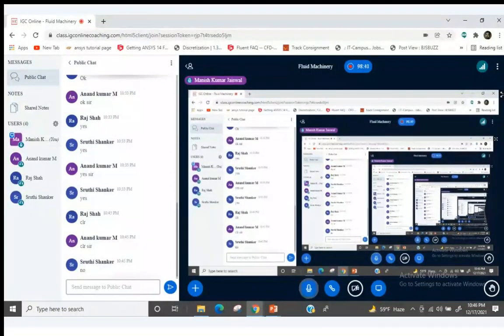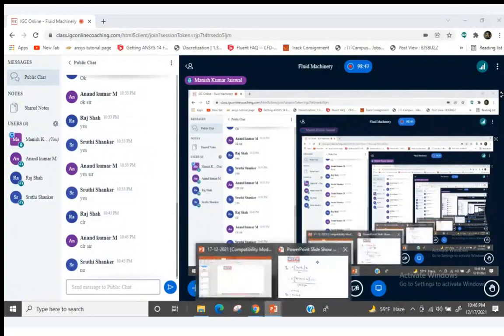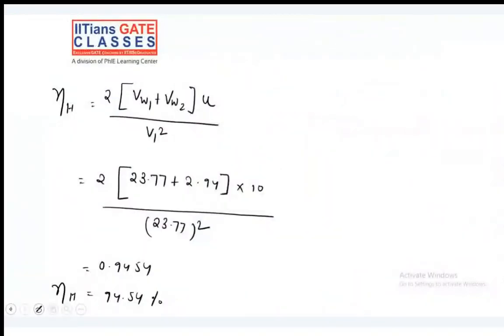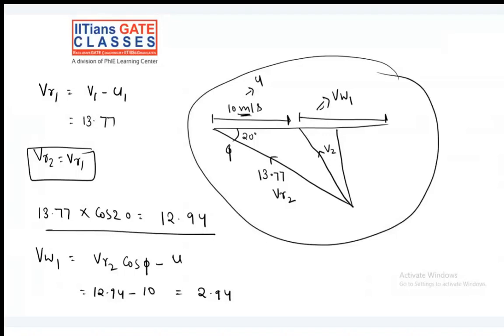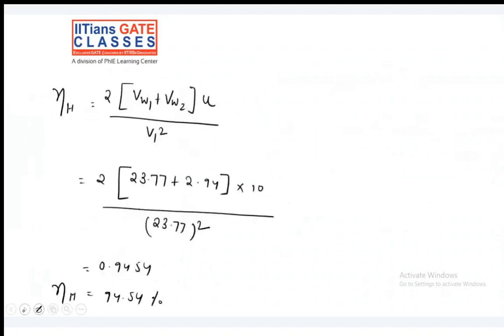What they can maximum do is that sometimes they will directly give you this velocity triangle. So simple, from this velocity triangle they will ask you something. How they make the question is by giving directly the velocity triangle, and they will not mention which one is what.